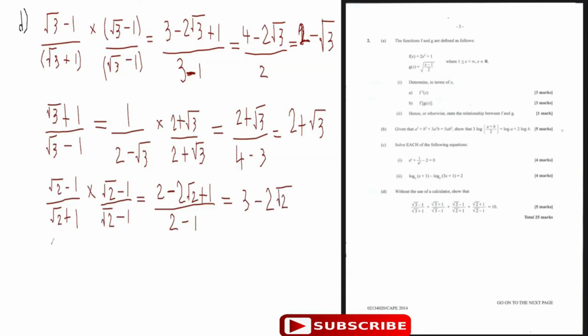And so now finally I need to work out what is root 2 plus 1 over root 2 minus 1. We know that that is just the reciprocal of this, and so this is just 1 over 3 minus 2 root 2.